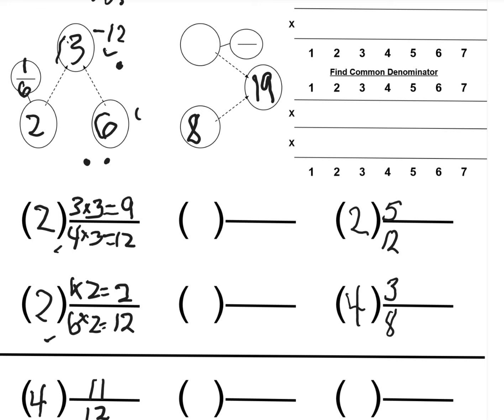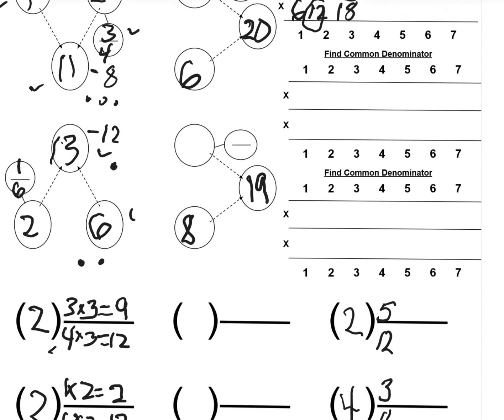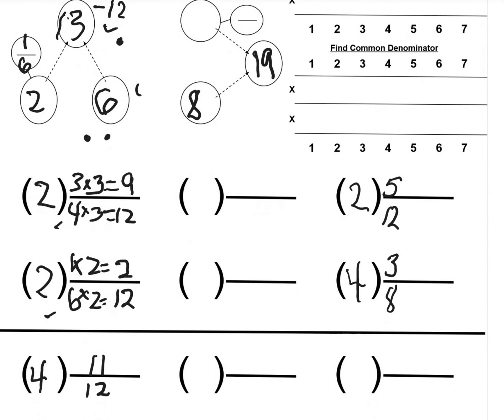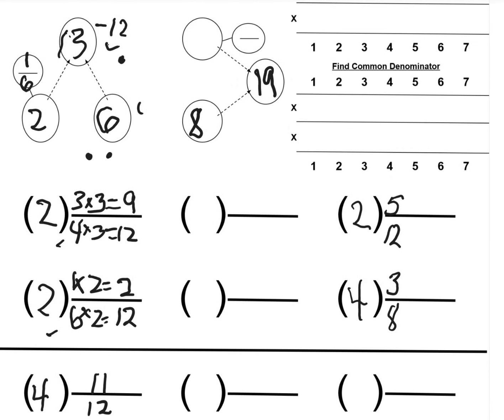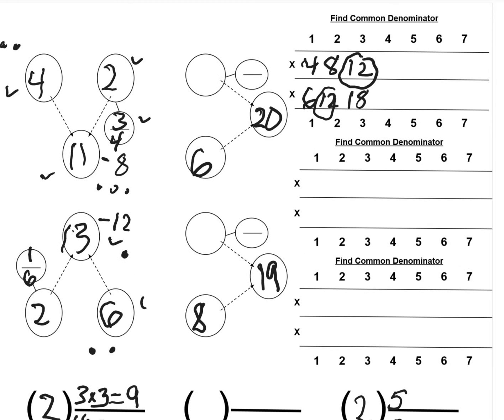So we can see that the answers we got for our division problems, 2 3/4 and 2 1/6, we added together by finding common denominators for the fraction parts, and we got the answer that 2 3/4 plus 2 1/6 equals 4 11/12.